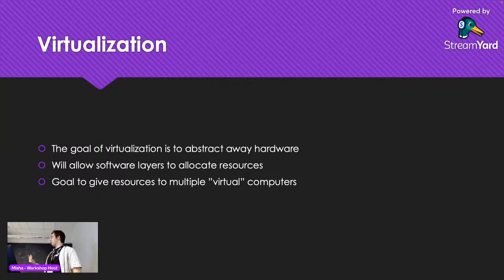So this abstraction of hardware is a big concept in virtualization. The way this is done is through a software layer that manages all the resources for all the processes and handles how much each process gets. The goal is to split a single bare metal computer, like an actual physical device, into multiple virtual computers.